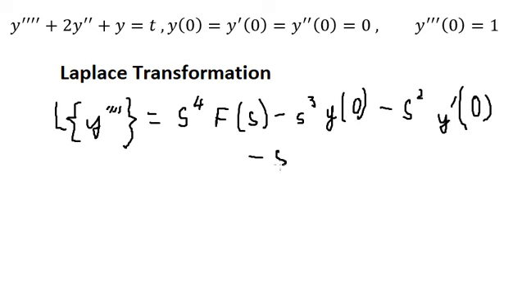The next one, s times the second derivative of y at t equals 0. And the last one, the third derivative of y at t equals 0.